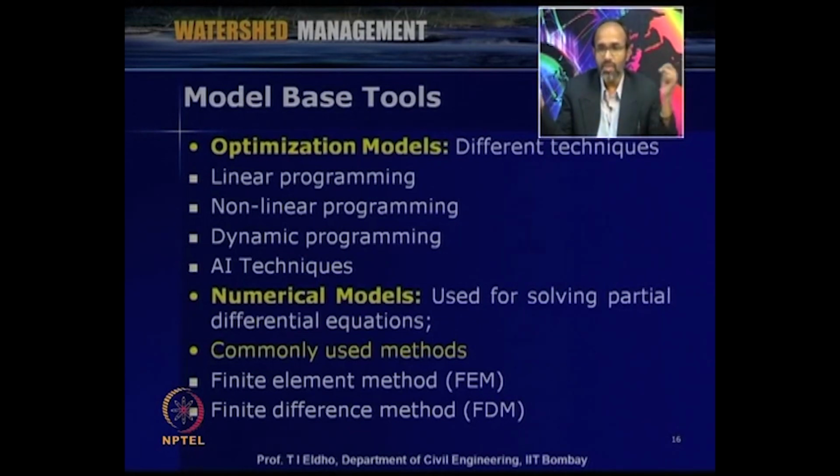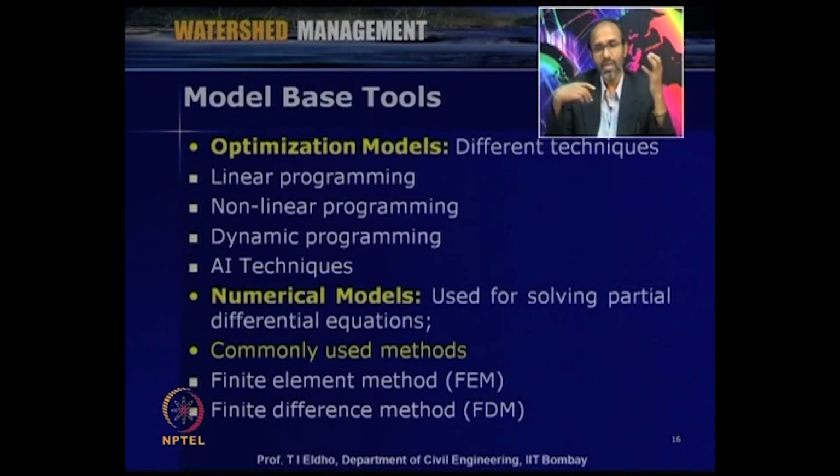That is very important in most decision making processes, since most of the time the decision maker wants to minimize the cost and maximize the benefits with respect to various scenarios or various cases. So, depending upon the problem, we can have various models like linear programming, non-linear programming, dynamic programming, then artificial intelligence techniques like genetic algorithms. These are all optimization models depending upon the problem.